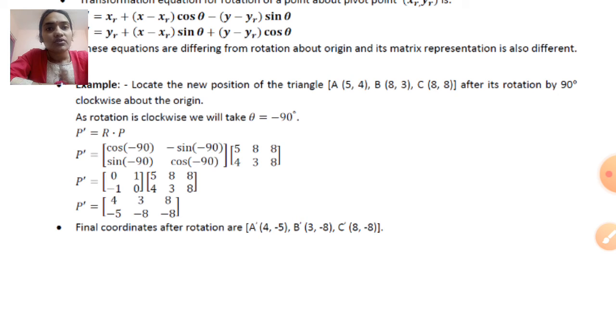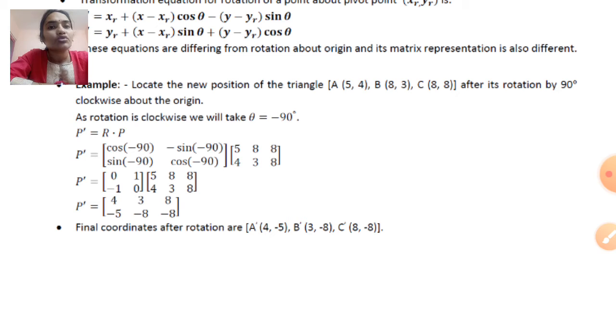So cos(−90) is 0, −sin(−90) is 1, sin(−90) is −1, and cos(−90) is 0. That means the matrix 0 1, −1 0, and these two matrices we multiply.